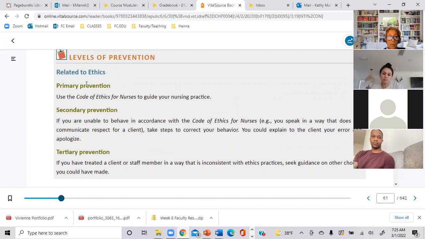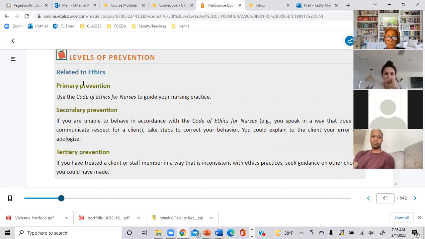One of the things I suggested to several students this week that were having a hard time with primary, secondary, and tertiary is to really go back to these chapters we're covering and really get into those Healthy People 2020 boxes, and especially your levels of prevention boxes, and read them and reread them and try to increase your understanding of primary, secondary, tertiary for all these different topics we're covering. That would be my suggestion.